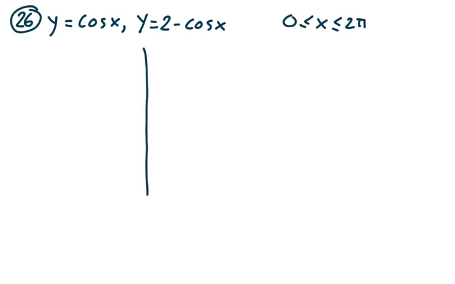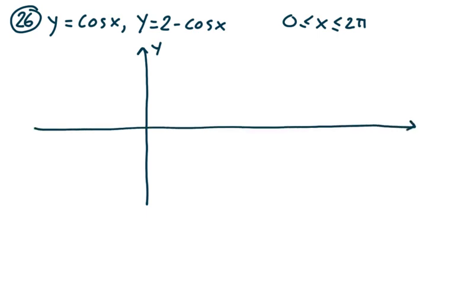Let's draw a picture. Here's y. Here's x. Now, I'm going to address y equals cosine x first. When x is 0, cosine of 0 is 1. That means we're up here.